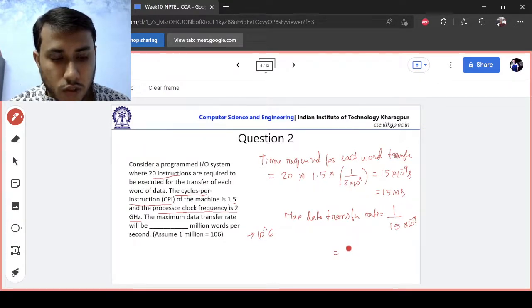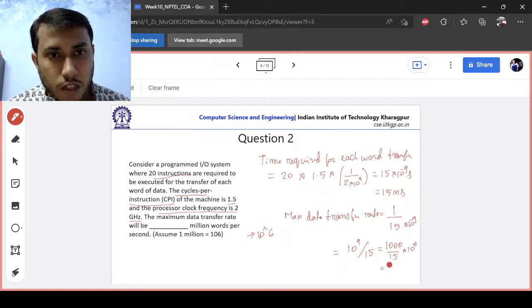If you calculate, it will come down to 10 to the power of 9 divided by 15. In terms of millions, it will come down to 1000 into 10 to the power 6 divided by 15. Now this will be 66.67 million words per second.